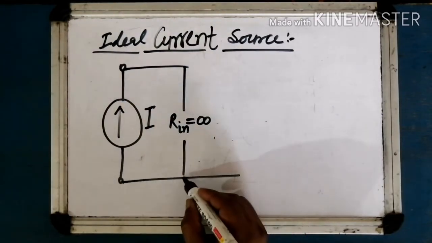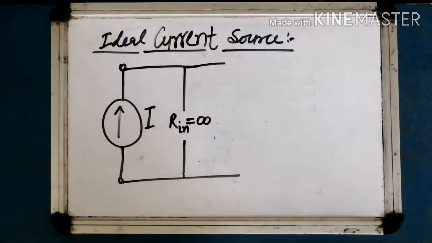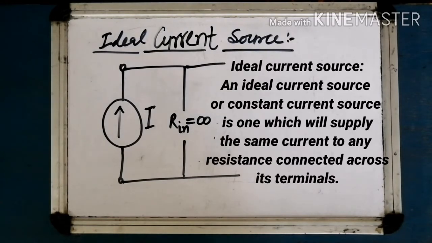Right? An ideal current source has infinite internal resistance. Now the definition: an ideal current source or constant current source is one which will supply the same current to any resistance connected across its terminals.